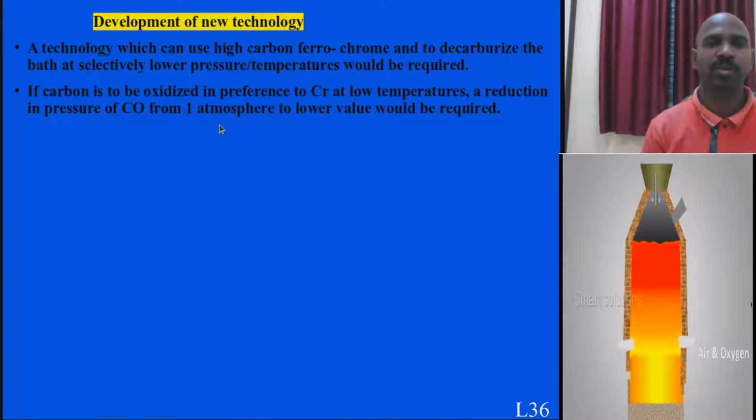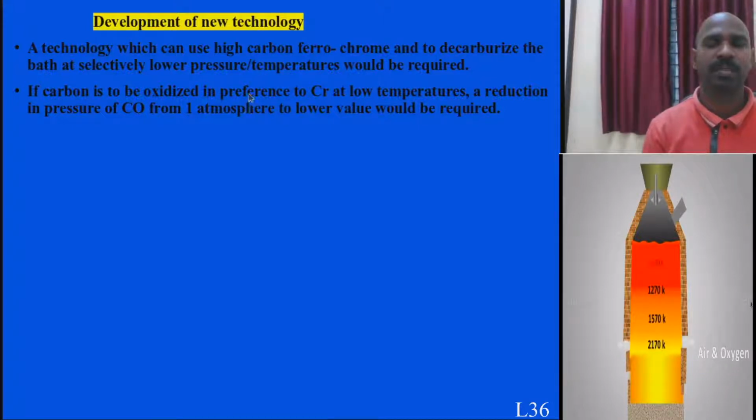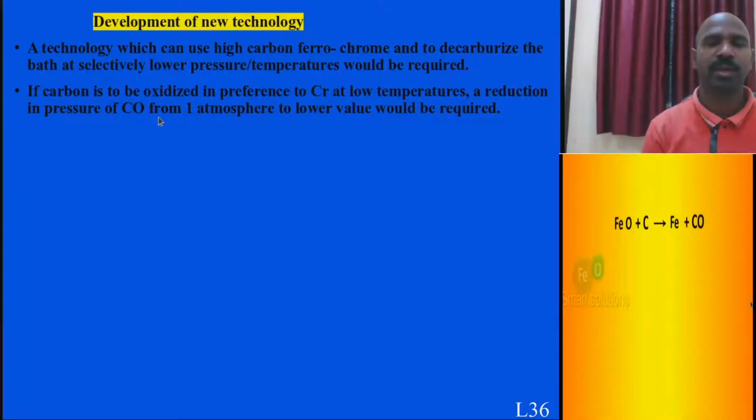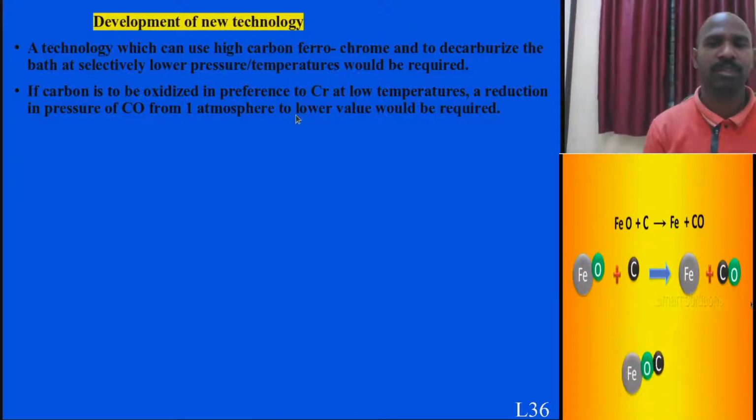If you use preferably the AOD vessel, because of the argon oxygen mixture from the side tuyeres, you can reduce the pressure to less than 1 atmosphere, and the temperature can also be reduced, the intersection point as discussed in the Ellingham diagram, 1220. Both carbon monoxide formation and chromium oxidation will occur. This is how, if you use the AOD vessel, it can be achieved.